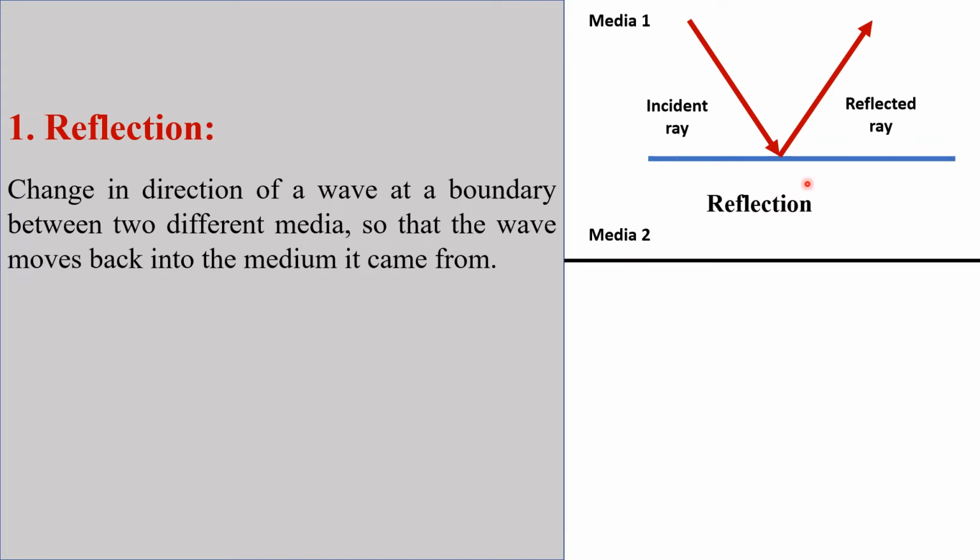Now the wave is coming from media 1 to media 2. But instead of going into media 2, it gets back into media 1. This is known as reflection. The wave that is coming is called the incident ray, and the wave that is going back is called the reflected ray.